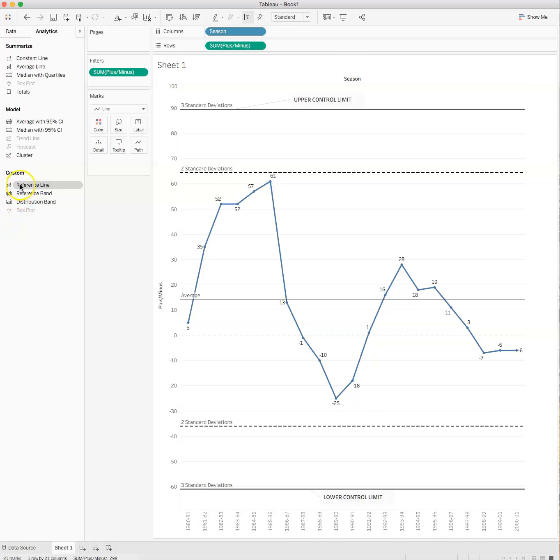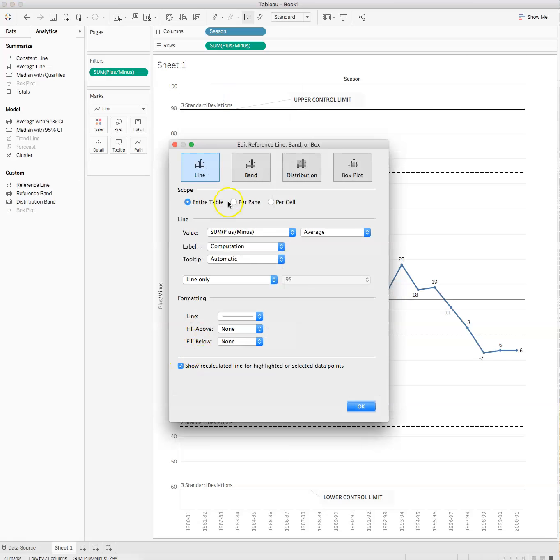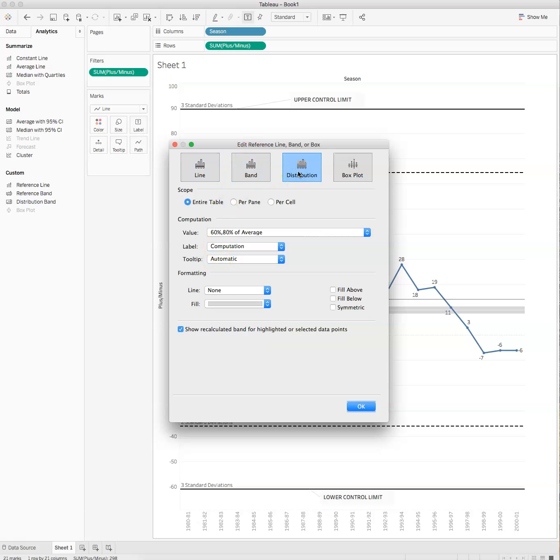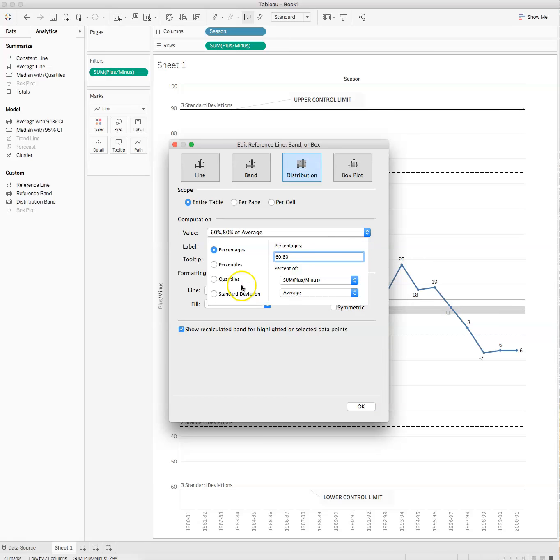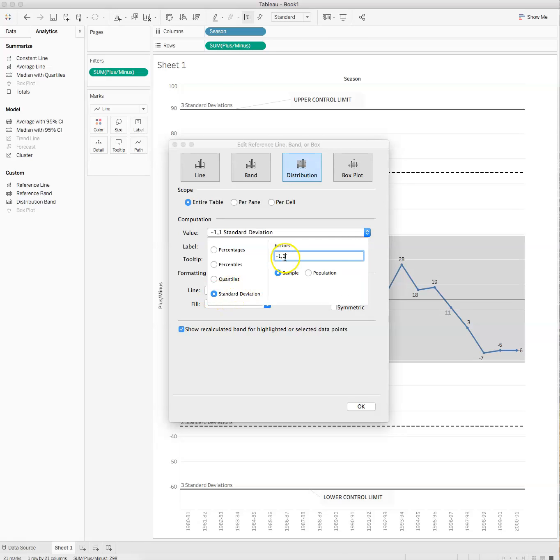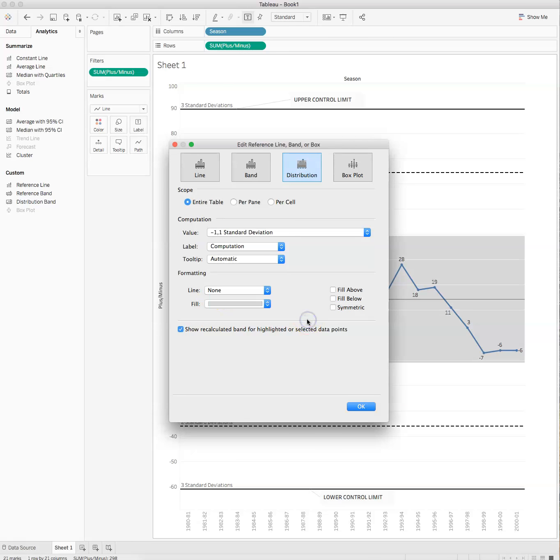And then I can even add another reference line because I know one of them is going to ask for 1 standard deviation. So I can also go to a distribution, and once again, I go back to standard deviation, 1 and 1. Okay.